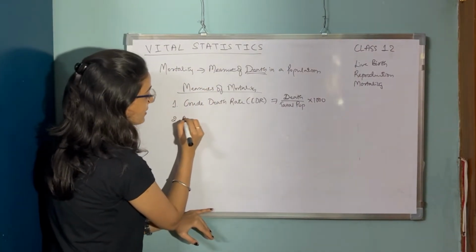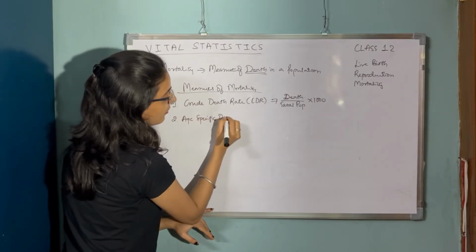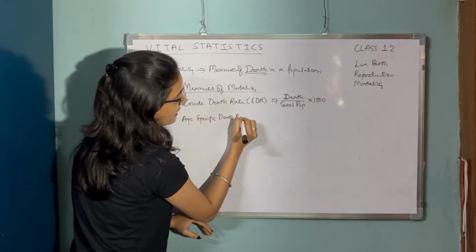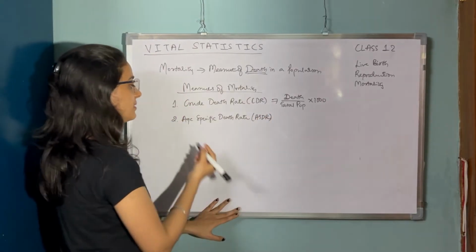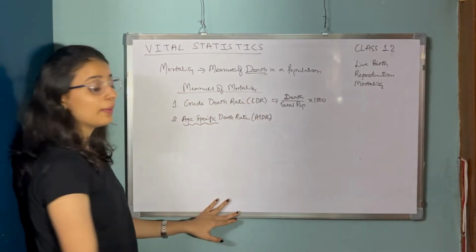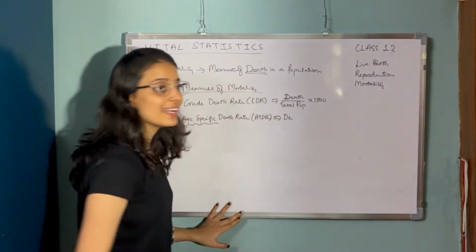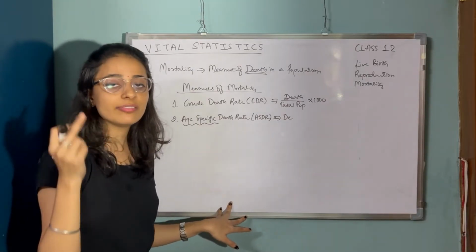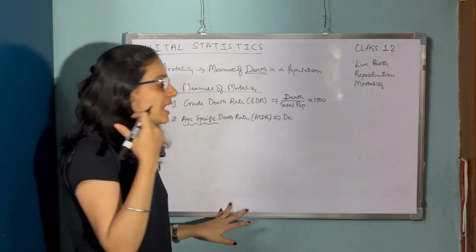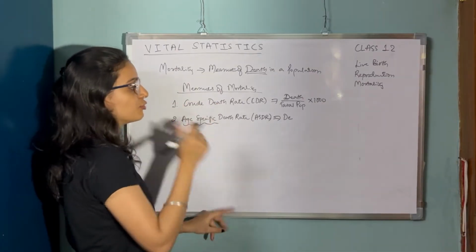CDR. Next is age specific death rate, that is ASDR. As the measure name suggests, age specific death rate. So, as we studied in ASFR, where we were calculating the live birth for a specific age group, similarly, we will calculate death for a specific age group.